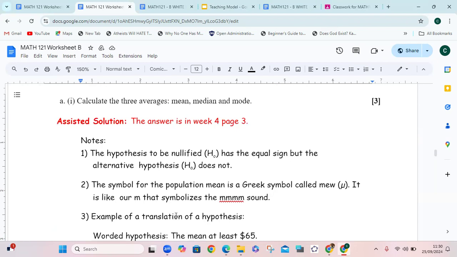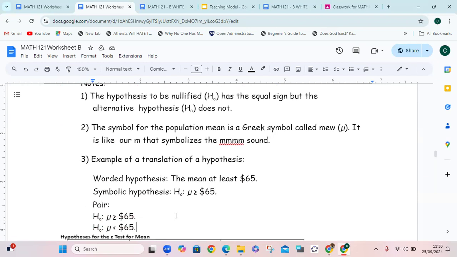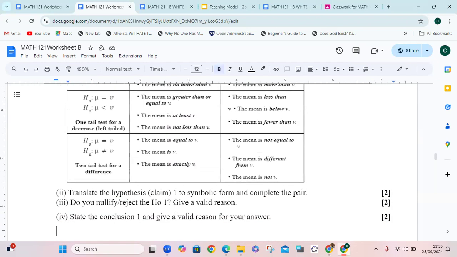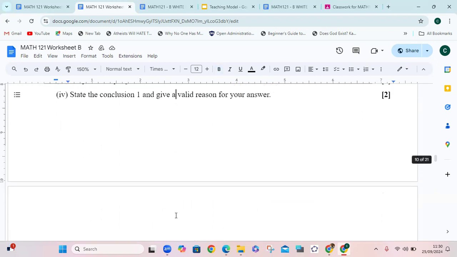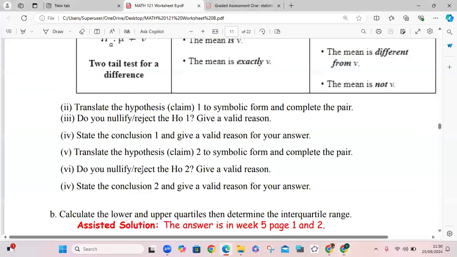And we could have tested hypothesis 1, isn't that so? And that was it. Now, part 5 here is saying to translate hypothesis 2 to symbolic form, can you nullify the null hypothesis? Can we do that based on the analysis we have done already?